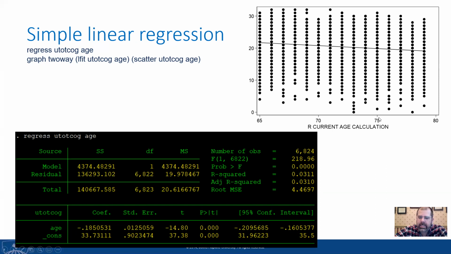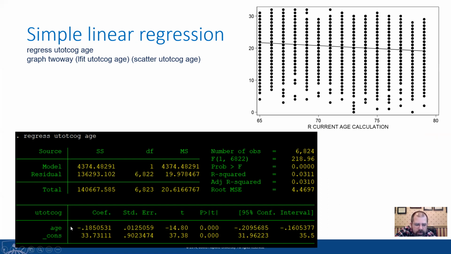And the x-axis is age. And the line here is a straight fitted line. It's the regression fitted line. And there's some slight decline, a negative tilt here. So there's some decline.